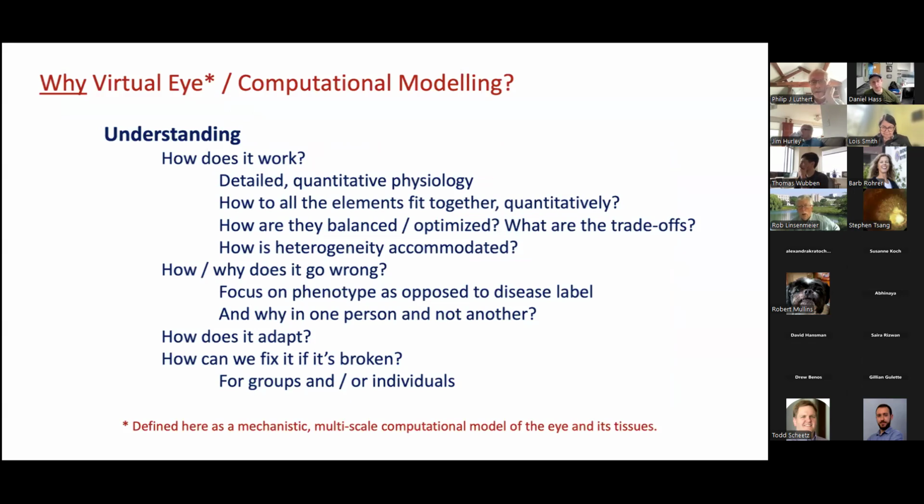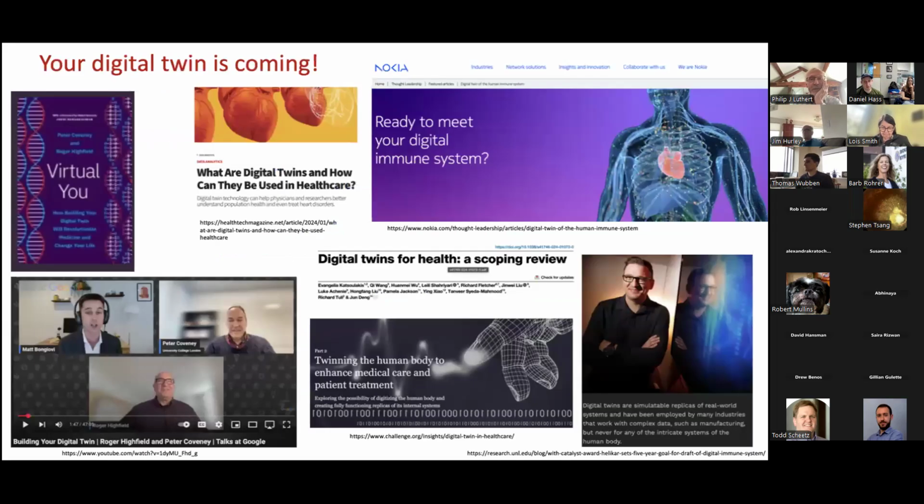And then, of course, there's a whole raft of issues that relate to how it goes wrong. And when it goes wrong, how does it adapt? How does it adapt in aging? And of course, the clinical imperative is if it's broken or on its way to being broken, how do we fix it, both at the group or population level and for individuals?